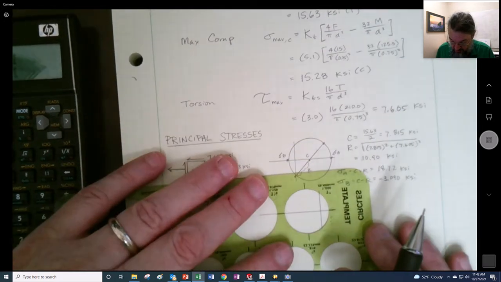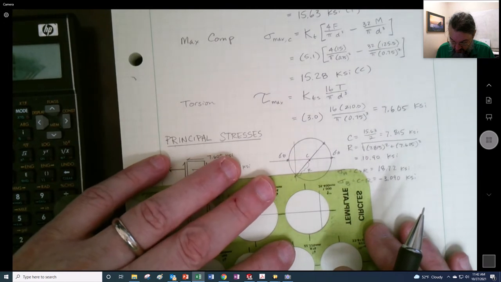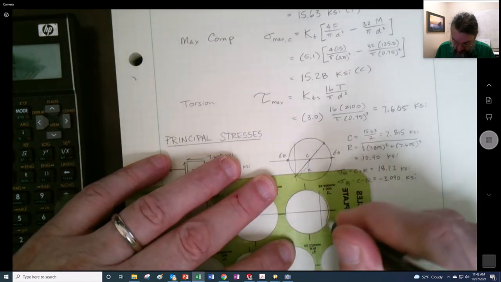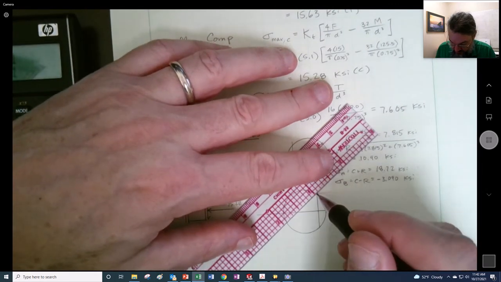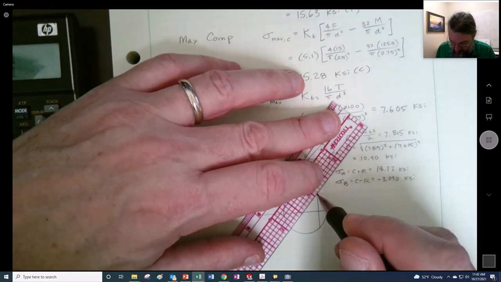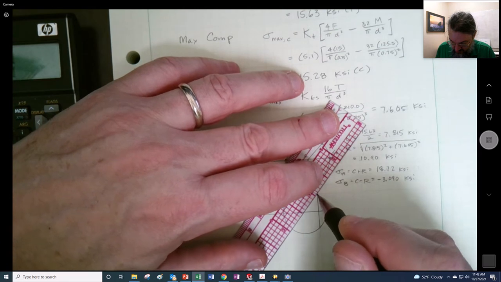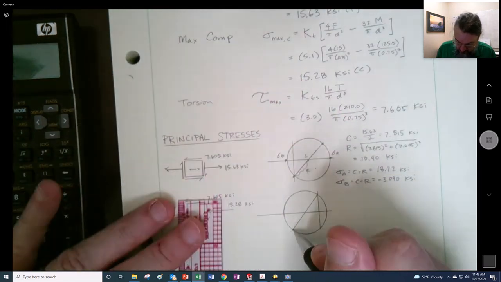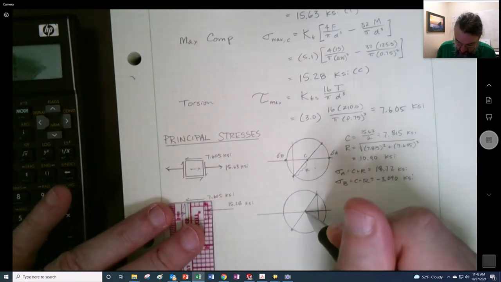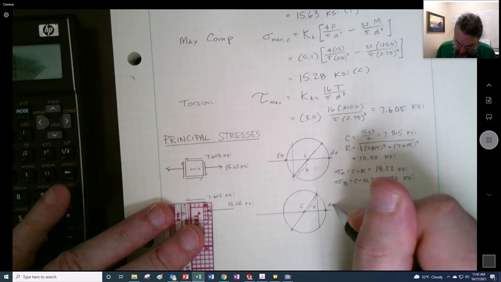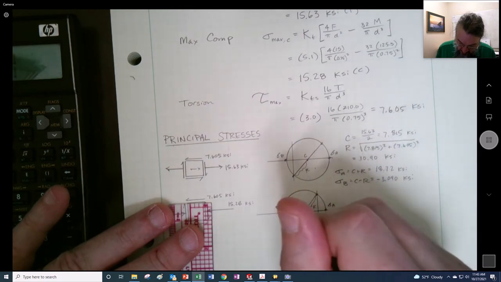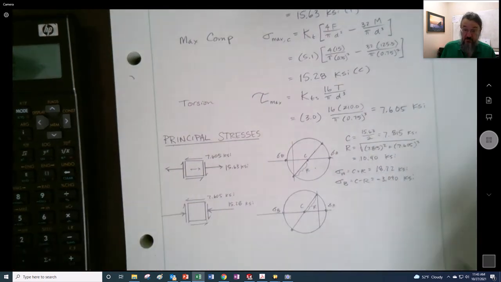Shh, don't tell anyone. I'll try to make it look near the center. I didn't pick out where the center was, but it's like that. There's the C. I'll use that as the R. Sigma A. Sigma B. Right there.